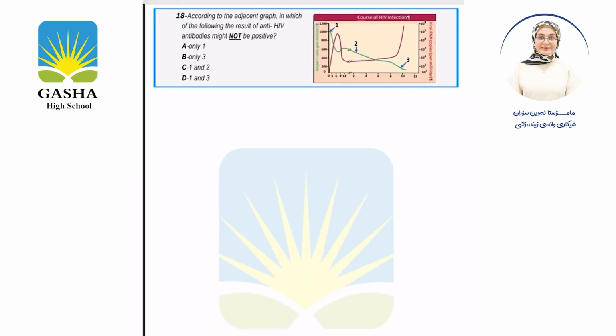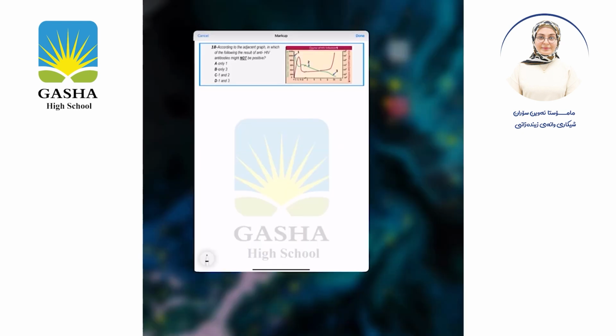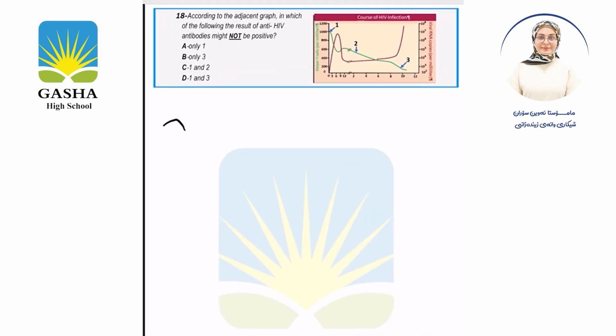Question 18. According to the adjacent graph, in which of the following might the result of anti-HIV antibodies not be positive? As you know, HIV has 3 phases. 1, 2, 3. At the beginning, we call it the first phase, second phase, and third phase.